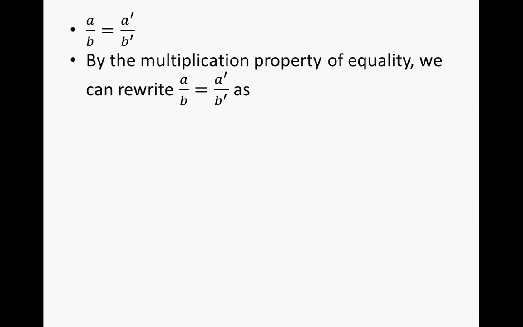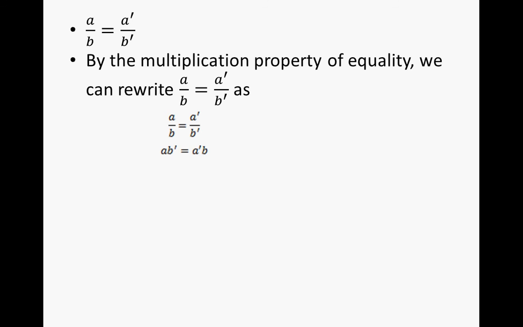So by the multiplication property of equality, we can write a over b equals a prime over b prime as, and follow through this because this is a little tricky, it will actually change the order of the proportion. So a over b equals a prime over b prime.